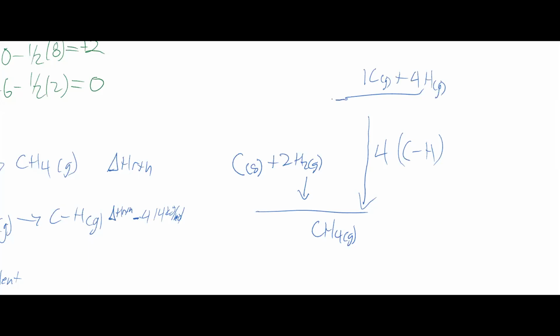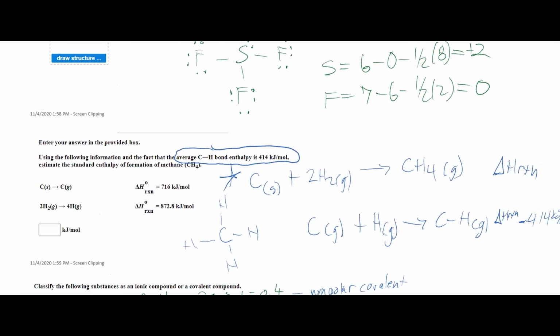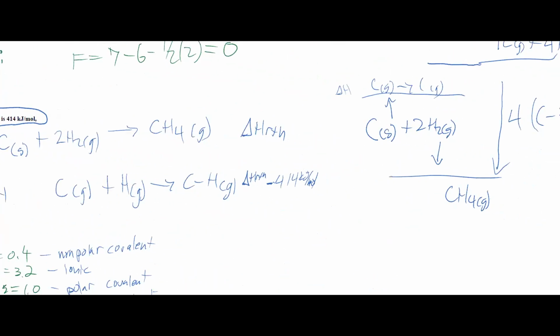So what I want to do is get my carbon from being a solid to carbon being a gas. I can do that with the delta H of that reaction of carbon solid to carbon gas, which we have here as being 716 kilojoules per mole.